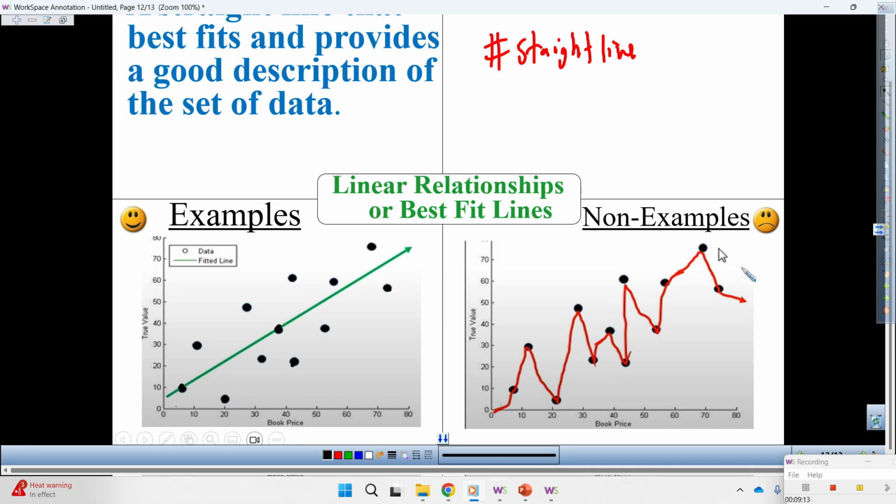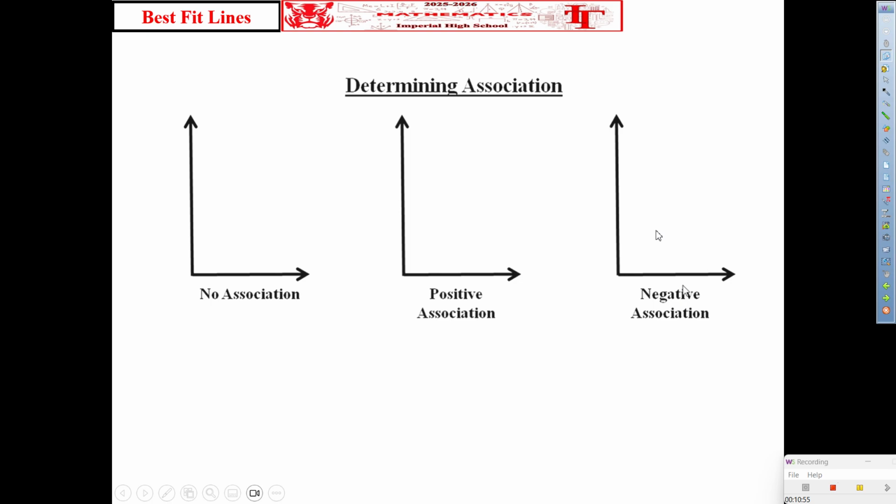Okay? All right. So, below that, I want you to write this down, please. Determining association. Right underneath your Frayer model, write that down. Determining association. All right, so the first one, it's a little quadrant, and it's labeled no association.